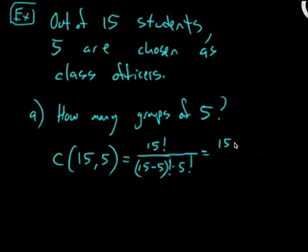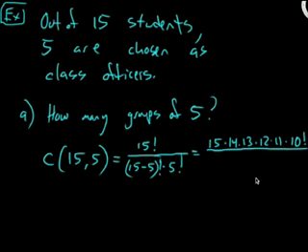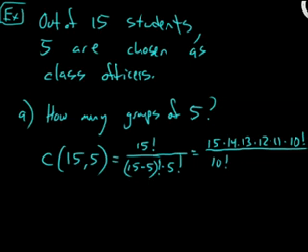We've got 15 times 14 times 13 times 12 times 11 times 10 factorial, and I'm intentionally writing that as 10 factorial because I anticipate that 15 minus 5 down here is going to be 10 factorial, which I'll be able to cancel out in just a moment.